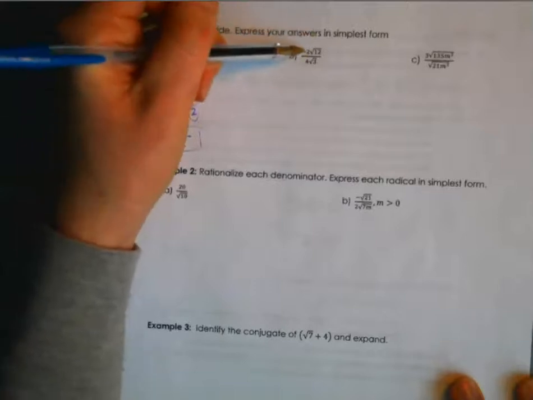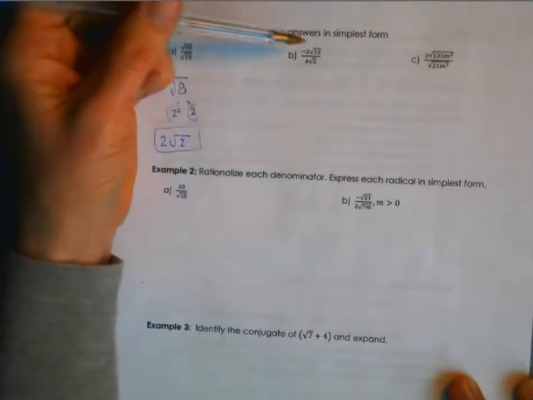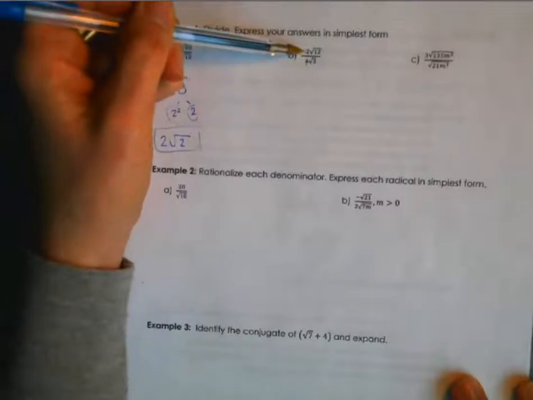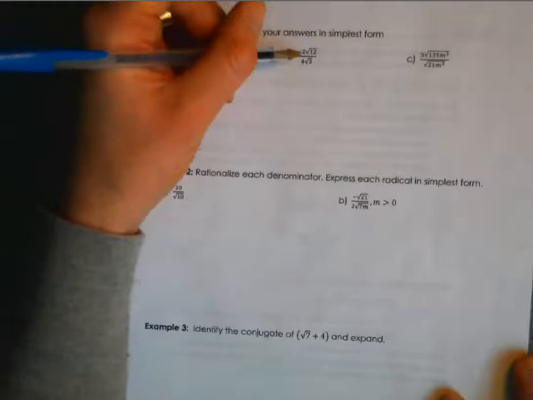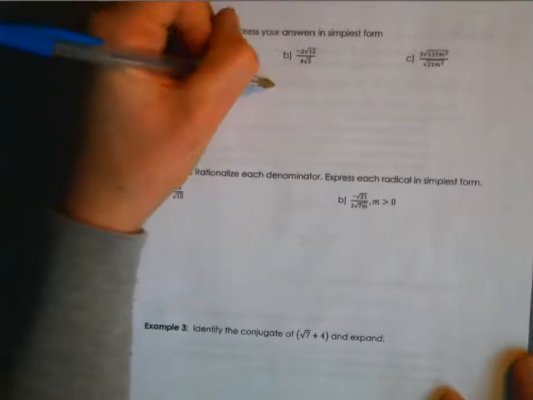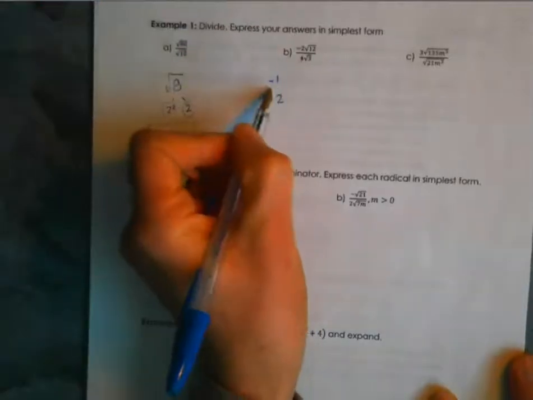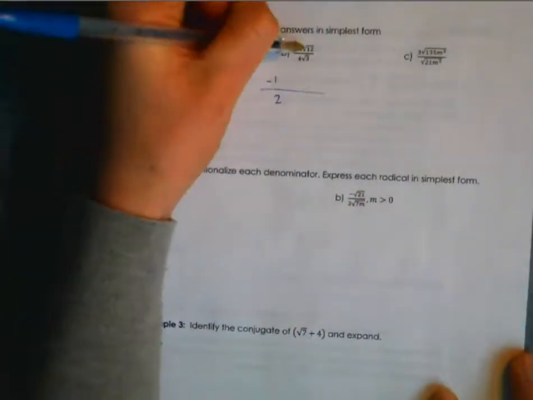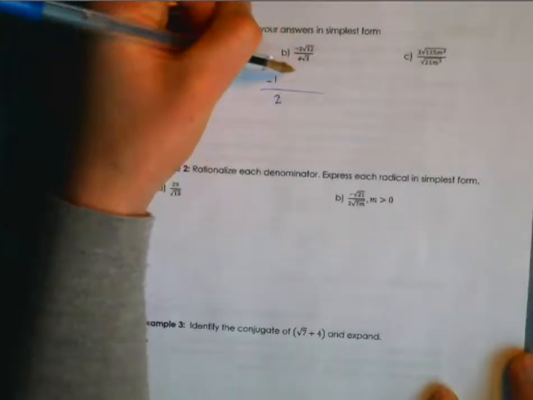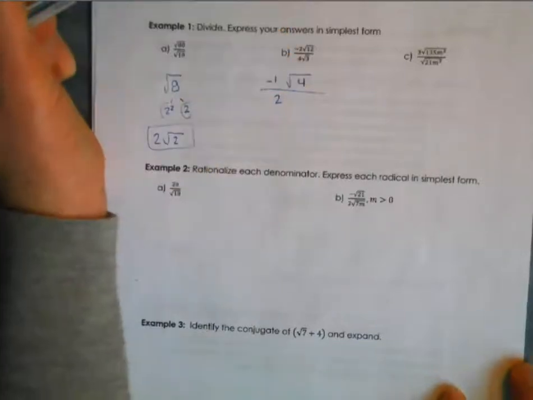Okay, our next one, we have coefficients this time. So we want to break them down. One thing you can do here is think about just simplifying, right? So negative 2 divided by 4, if we simplify that by dividing them both by 2, we end up with negative 1 over 2. Right, so negative 2 over 4 is basically negative a half. And then what if we think about root 12 divided by root 3? Well, 12 divided by 3 is going to be 4, so we want to keep that underneath the radical.